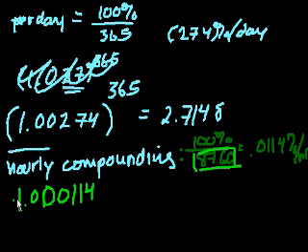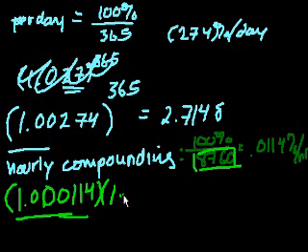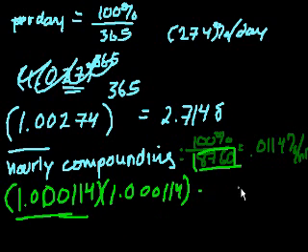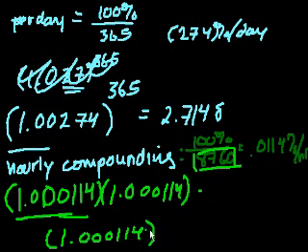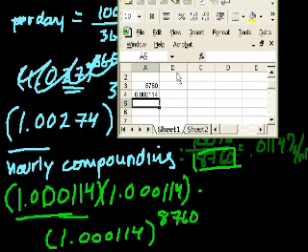But then after another hour, you're going to owe that times that again, because this will be the new principal after an hour. So then you're going to owe that same fraction times it again. And then after 3 hours, you'll multiply it again. So after the total number of hours in the year, which is 1.000114, and there's 8,760 hours in a year, let's see what you'll owe me.